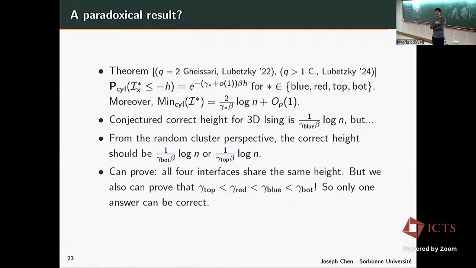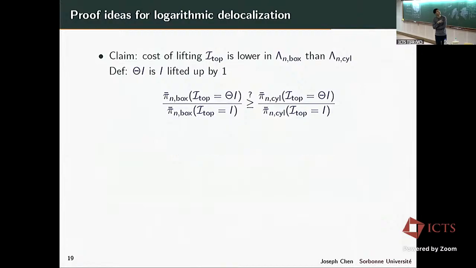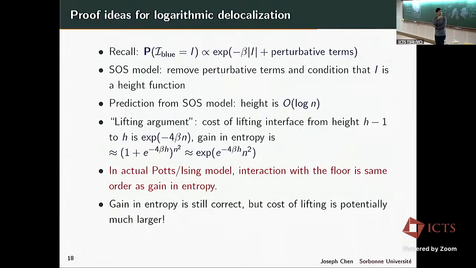And this paradox is resolved because of these perturbative terms, this interaction with the floor. It's actually saying that this interaction term must be substantial from the perspective of at least 3 of the 4 interfaces, because at least 3 of the 4 will give you the wrong rates when you run this argument.